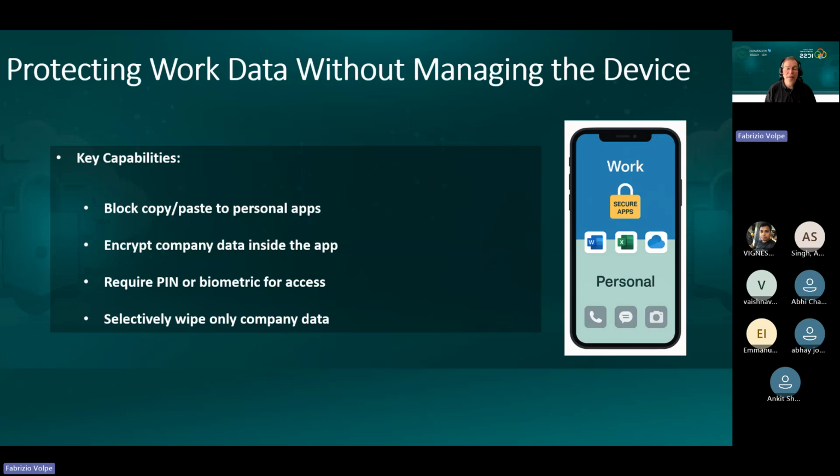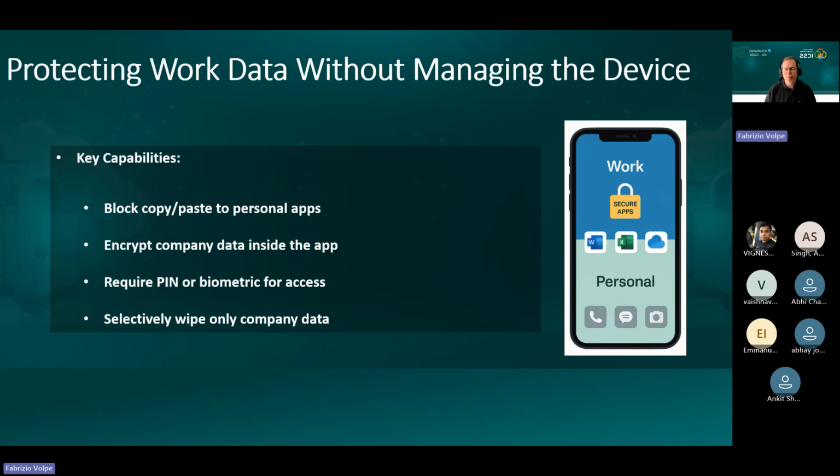With APP, what can I do? Well, block copy and paste of information to personal apps. So if I'm working inside corporate Teams, and I want to copy information into WhatsApp, I don't know, a message or a picture, I'm able to stop it with the app. I'm able to encrypt the company data.